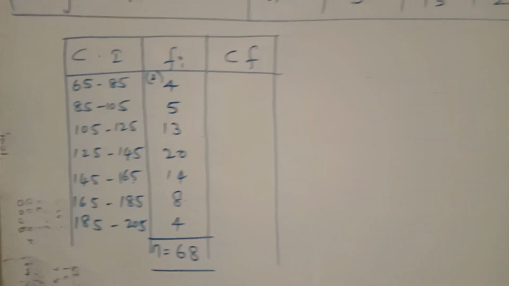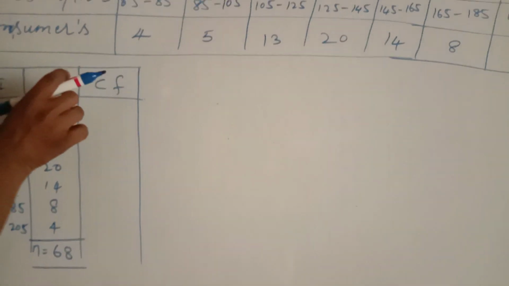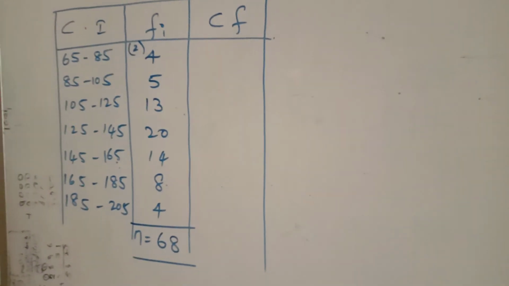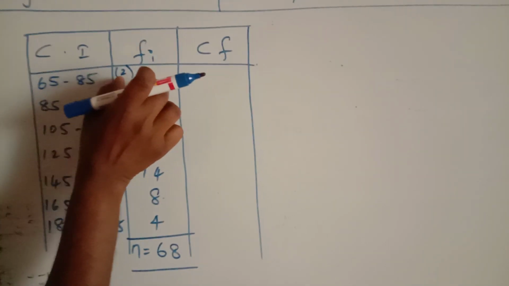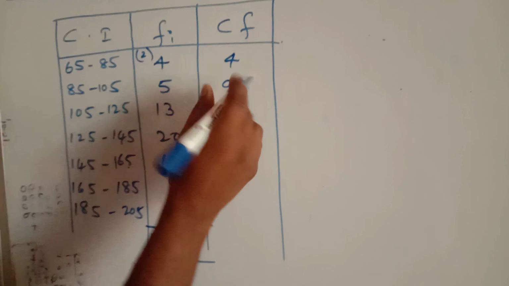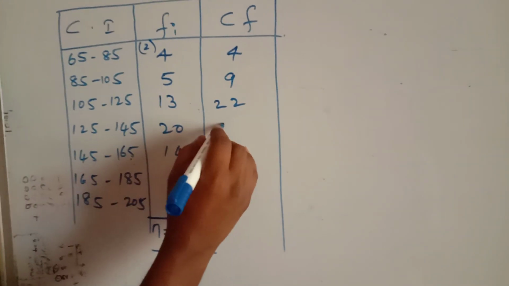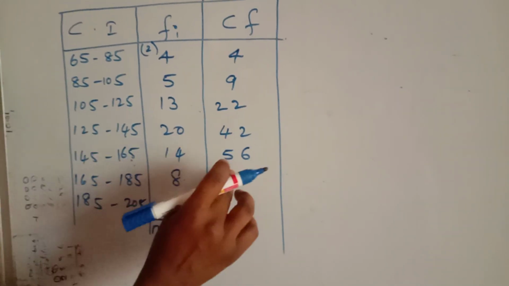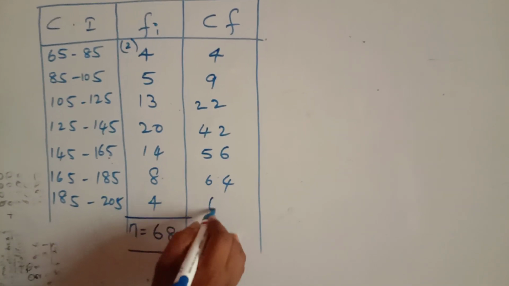You got the N value. Now, how to find the CF: you add the values of the second column one after the other. The first value you write as it is: 4, 4 plus 5 is 9, 9 plus 13 is 22, 22 plus 20 is 42, 42 plus 14 is 56, 56 plus 8 is 64, 64 plus 4 is 68.